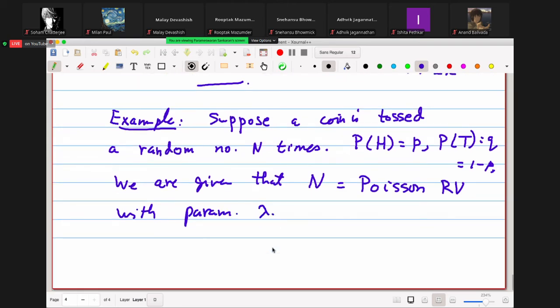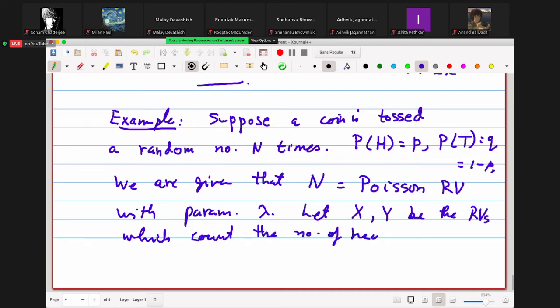And then show, so let X and Y be the random variables which count the number of heads and tails respectively.